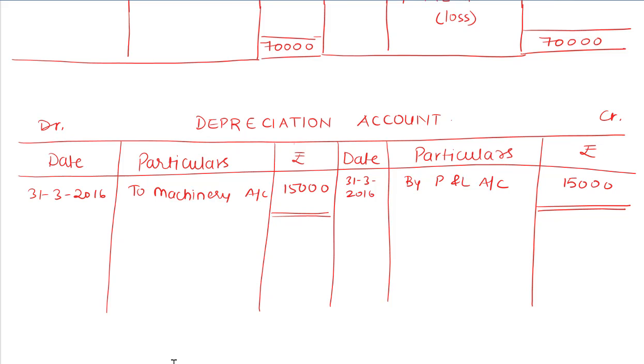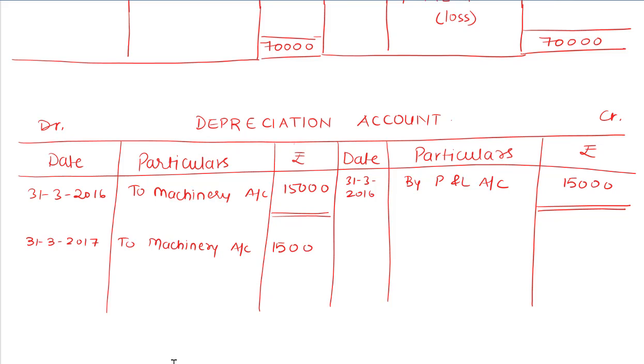So first of all, we transferred from machinery account to depreciation account to machinery 15,000 31st March 2016, and on the same date we transferred it to the profit and loss account.